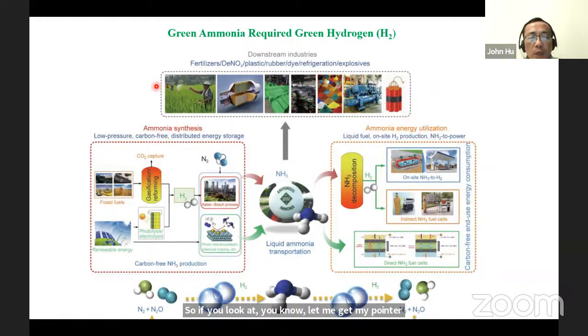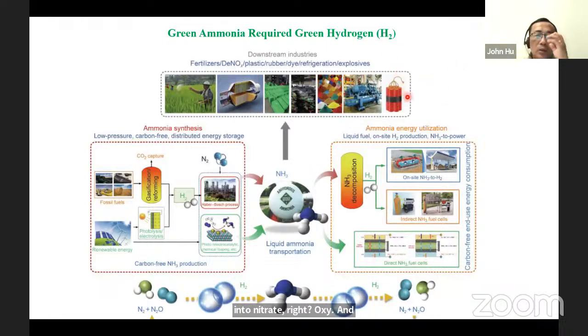If you look at the ammonia application, I think more than 50% of ammonia today, among 190 million tons, is used in agriculture. And then some other use is as a transportation fuel. But in the old days, ammonia was used as dynamite, explosive. You can turn ammonia into nitrate, oxidized, and then you can make an explosive.